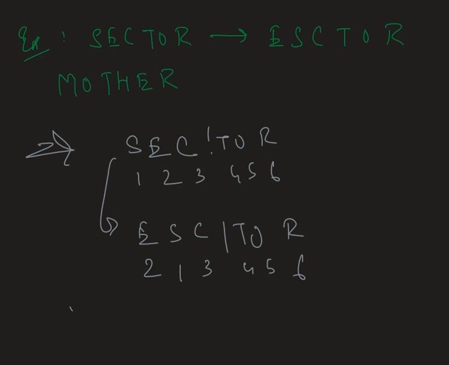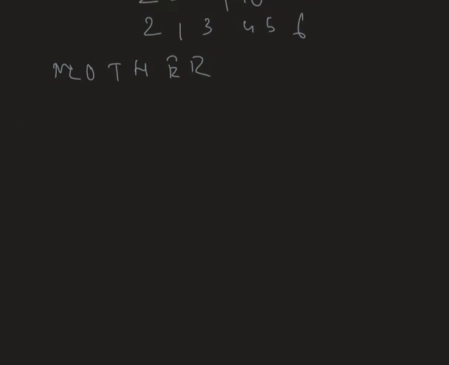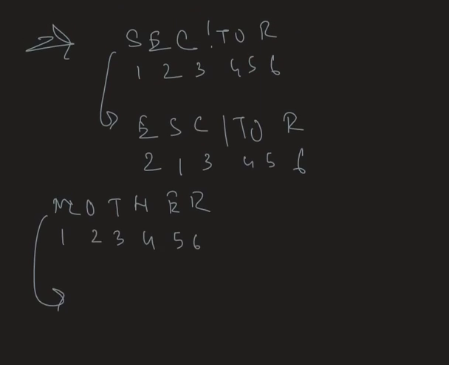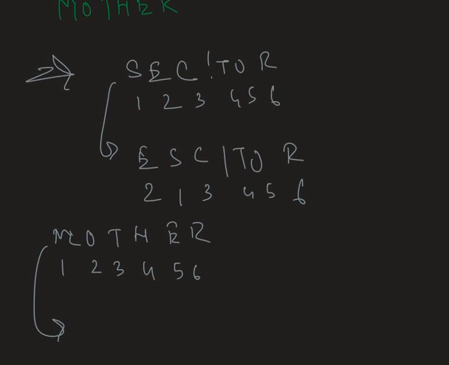And then if we write the word MOTHER and give this word numbers, we can write it in this particular language in this way. As we can see, in the word SECTOR there are two groups, that is 1, 2 and 3, 4, 5, 6, and we reverse just 1, 2 and the 3, 4, 5, 6 remain intact.